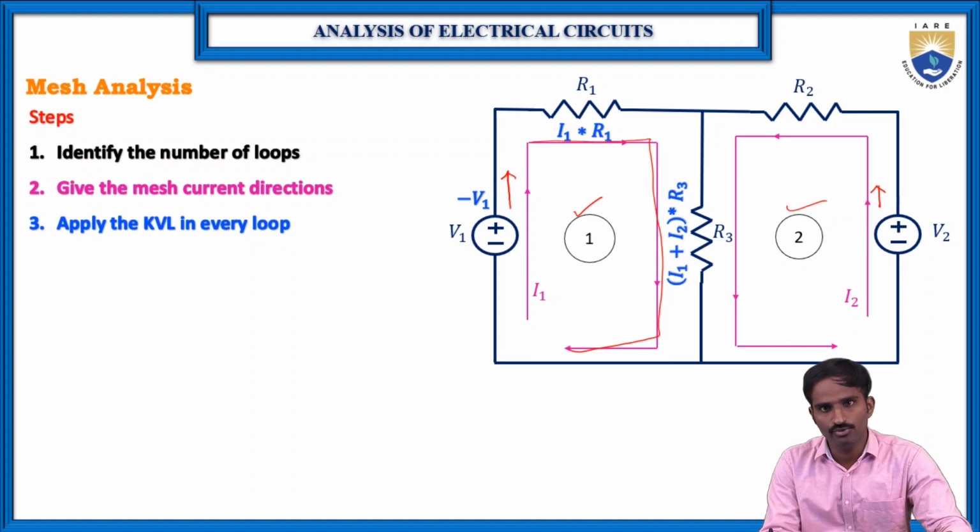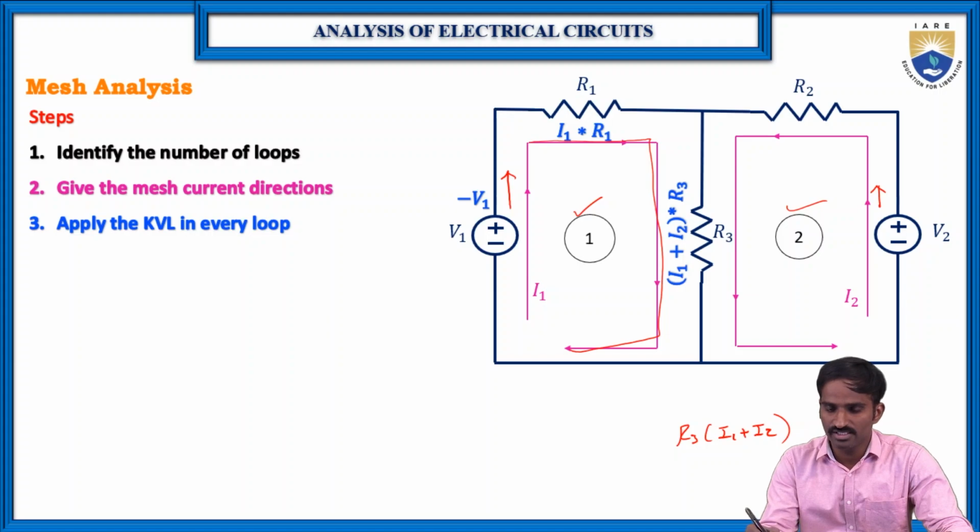So whether I2, the current flowing through loop 2, is in the same direction as I1 or opposite. If it is the same direction as I1, then we simply write R3 into I1 plus I2.